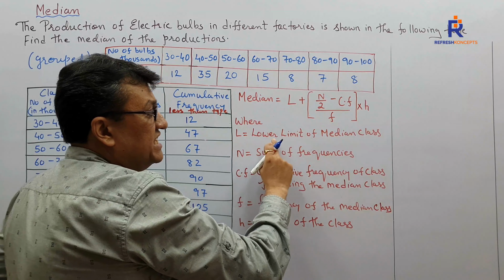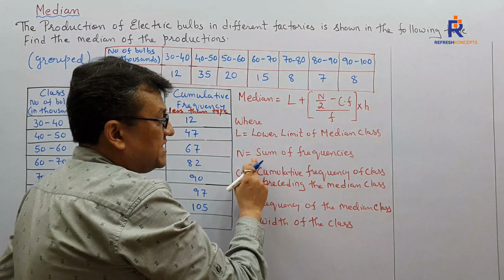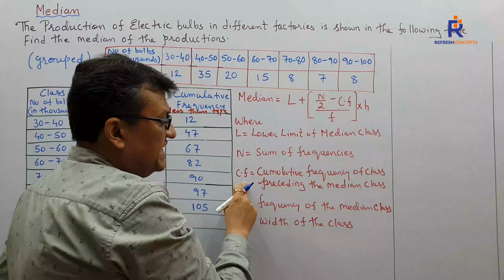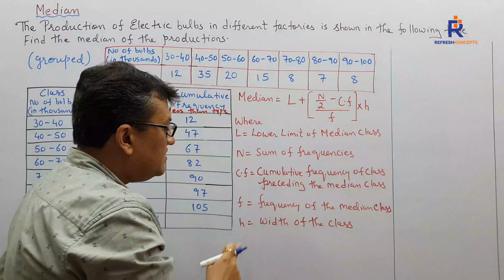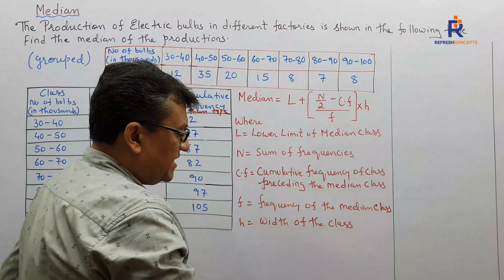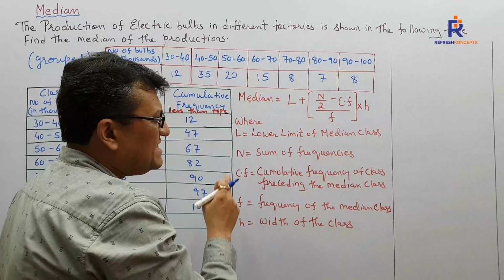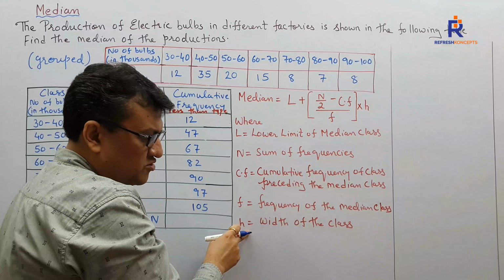Where L is the lower limit of the median class, N is the sum of the frequencies, which I said a couple of minutes back, Cf is the cumulative frequency of the class preceding the median class, F is the frequency of the median class, H is the width of the class. I think this is what you must have understood.